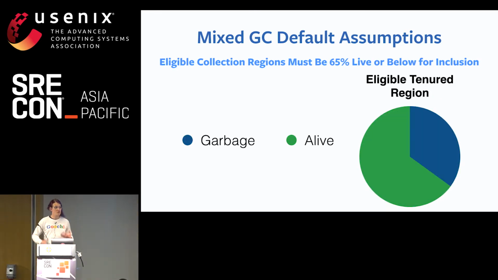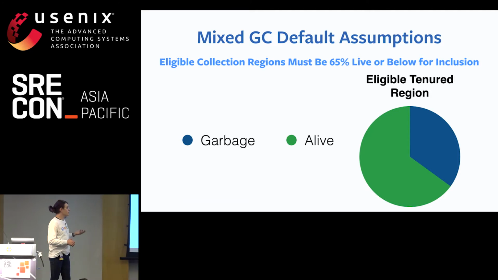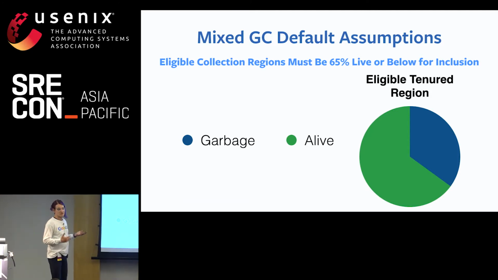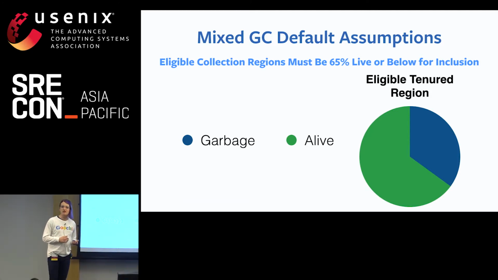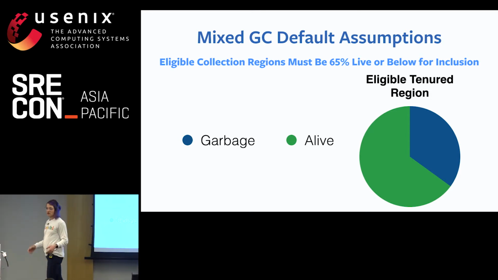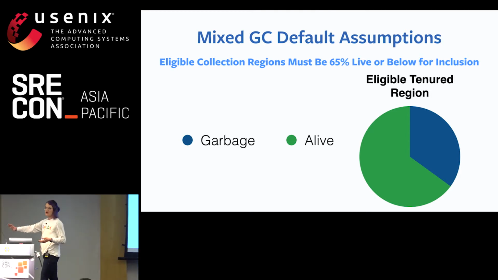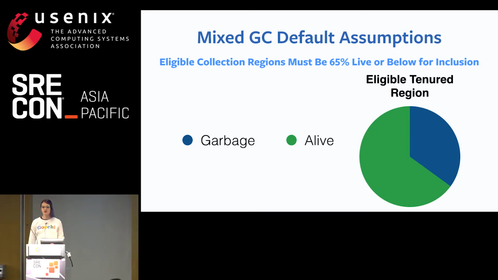The next problem is, remember that liveness percent? Well, by default, a region must be 65% alive or less to be even considered for the collection set. So you can imagine a world in which of our tenured space, we've got maybe 20% dead objects, 20% garbage, spread out evenly across our tenured regions.